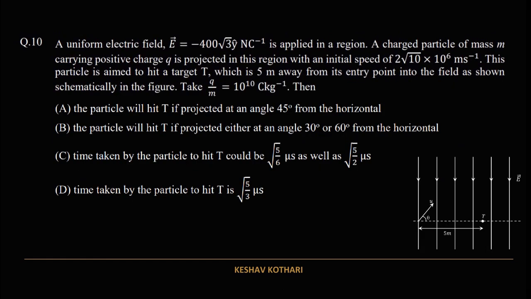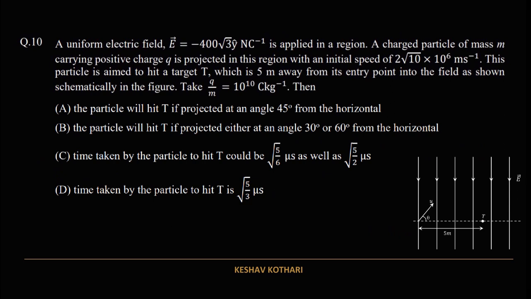Problem number 10. A uniform electric field E vector is equal to minus 400 root 3 y cap newton per coulomb is applied in a region. A charged particle of mass m carrying positive charge q is projected in this region with an initial speed of 2 root 10 into 10 to the power 6 meter per second.